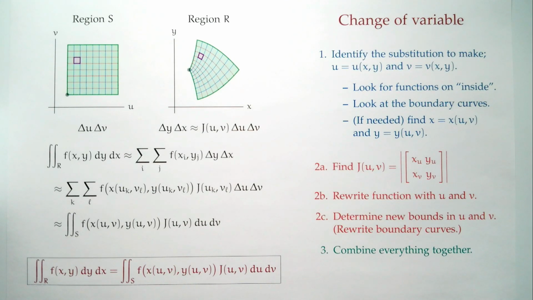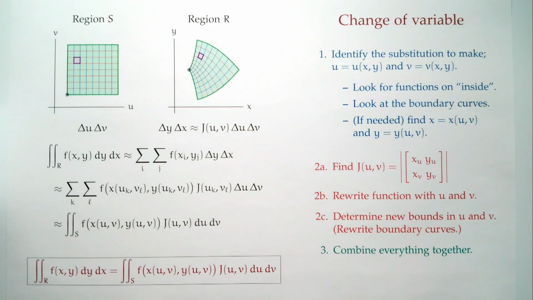So here's what I like to do. I say, okay, let me take my old region, and let me look at the figure. Let me see the shape. And I'm going to write down every single bounding curve. And I write down what the equation is in terms of my original variables, so maybe in terms of x and y. And now I say, let me rewrite these same equations, but all in terms of u and v.